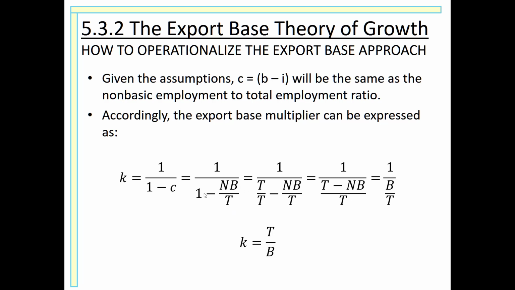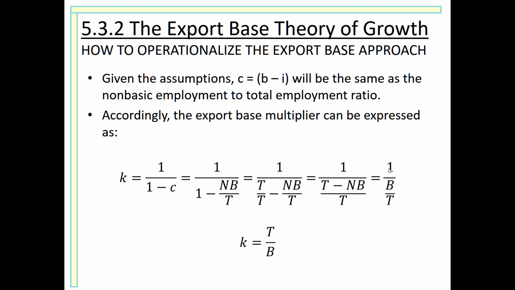Now I can simplify this expression even further. Instead of 1, I'm putting total employment divided by total employment. That's equal to 1, so I didn't change the expression. Putting them in the same denominator, we have now total employment minus non-basic employment divided by total employment. But total employment minus non-basic employment is just basic employment, which is export employment.